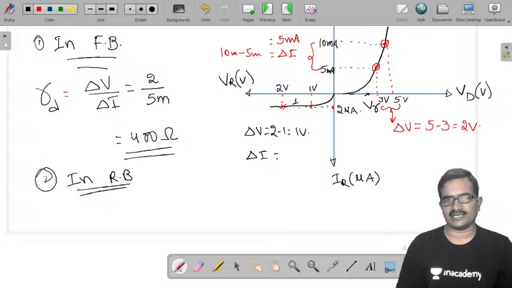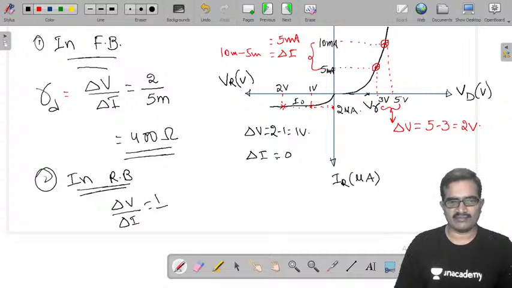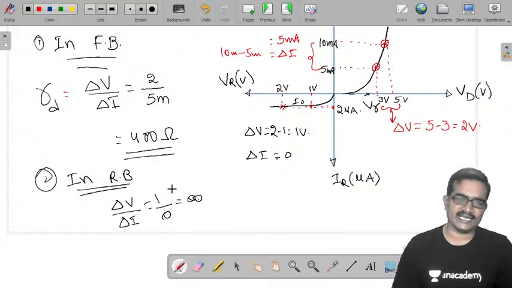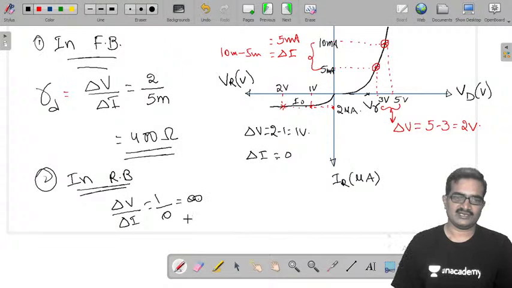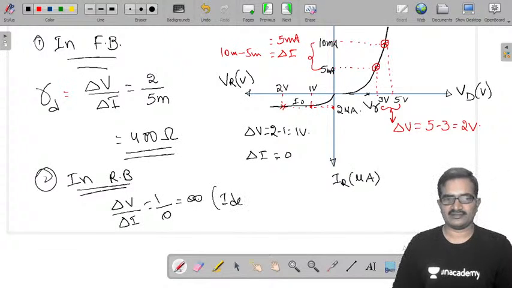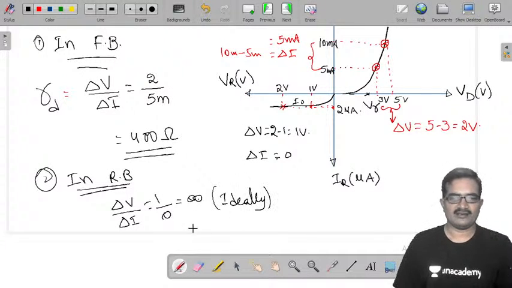Now delta V by delta I is 1 by 0, which is infinity. So ideally we get infinity, practically we get of the order of mega ohms. Okay, of the order of mega ohms practically.